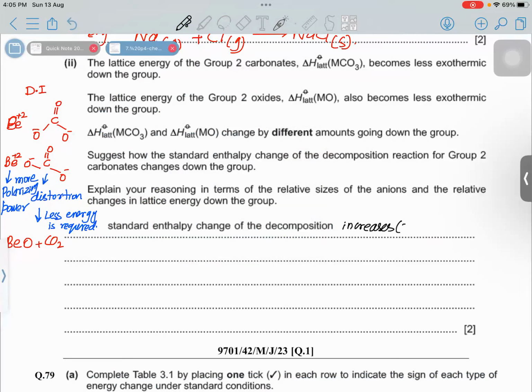Increases means more positive. More positive means more endothermic, or less negative. All statements are correct.